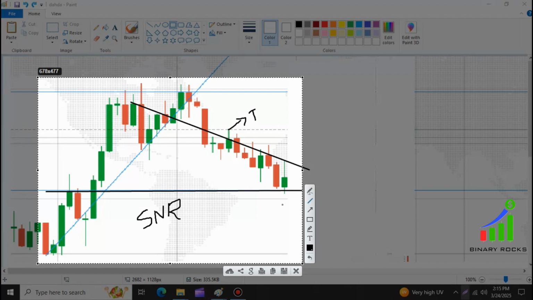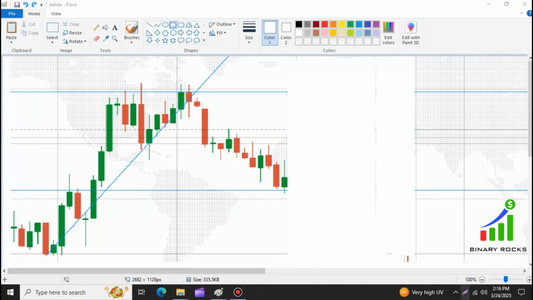One, in these kind of areas the market may fulfill because it's a strong area. Sometimes the market may fulfill this area, and it may go down like this. Let me draw clearly.